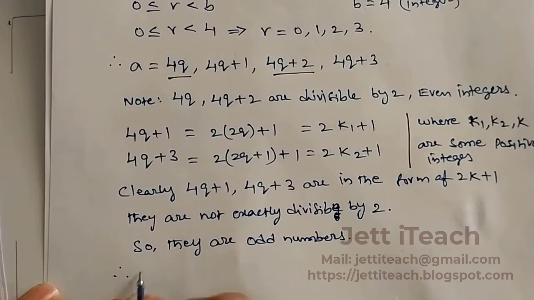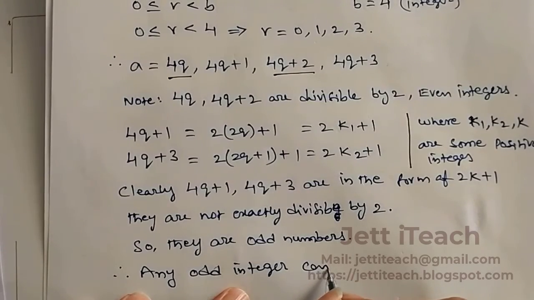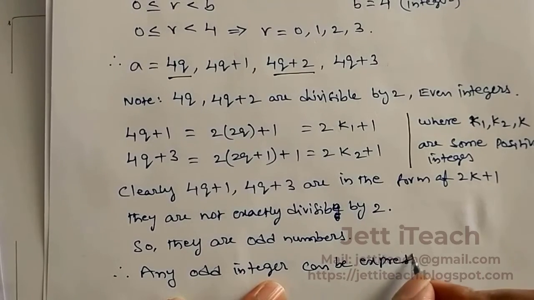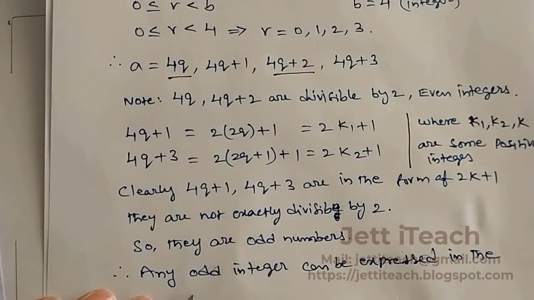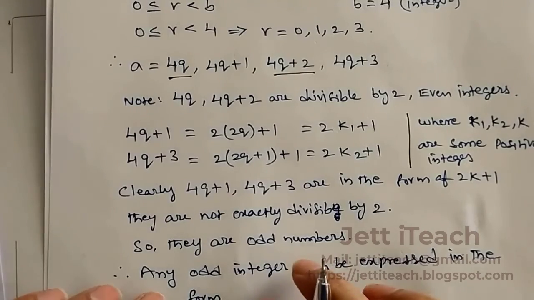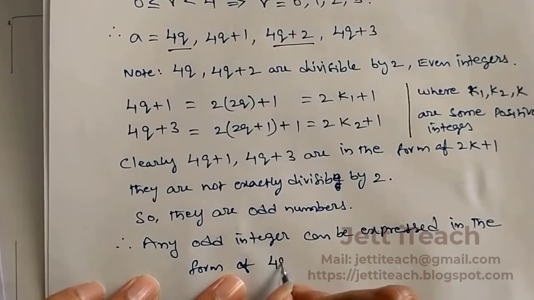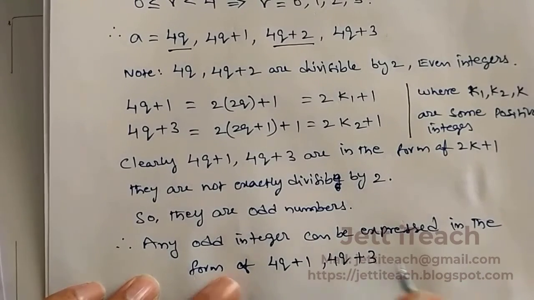Therefore any odd integer can be expressed in the form of 4q plus 1, 4q plus 3.